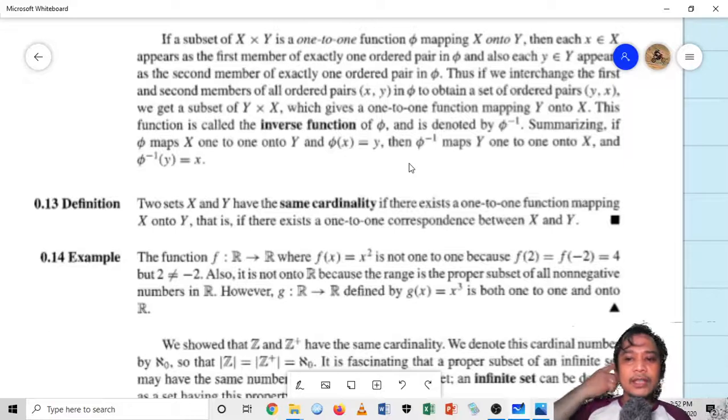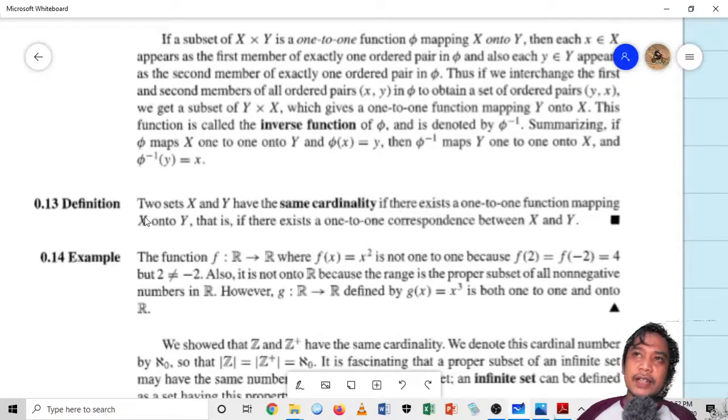Okay? So in other words, if phi maps X one-to-one onto Y and phi of x equals y, then phi inverse maps Y one-to-one onto X, and the image of y would be x under phi inverse. Okay, let us go back to the notion of cardinality.